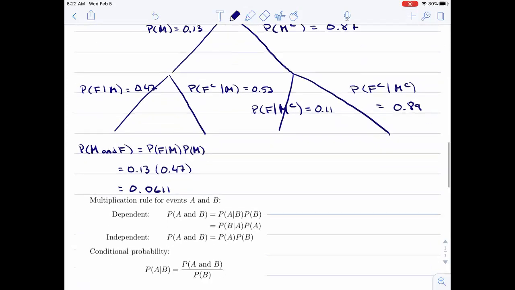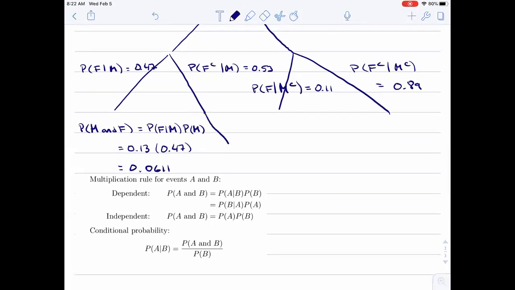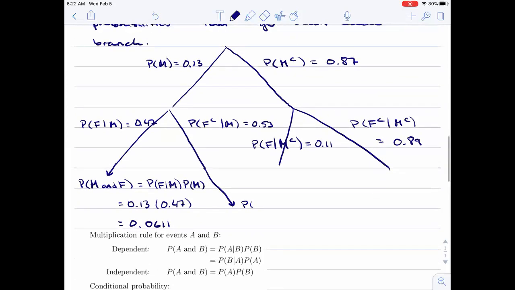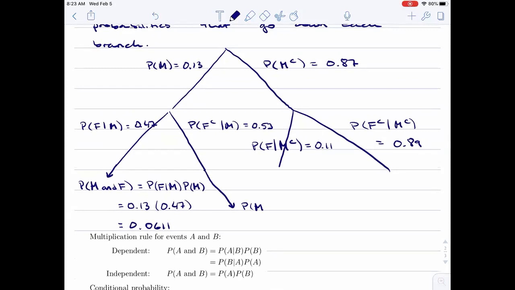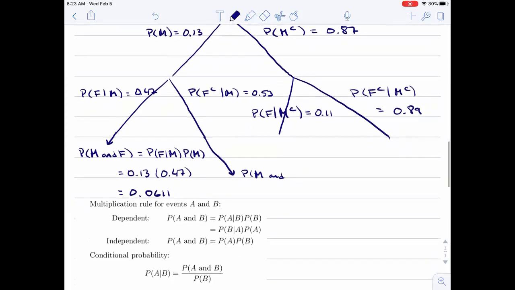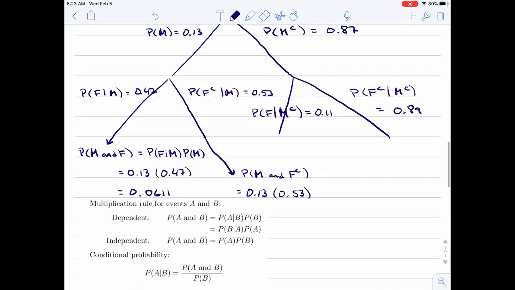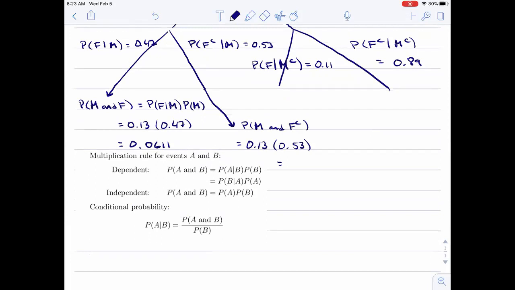We can just say that the probability of getting an A on the midterm and not getting an A on the final is going to be 0.13 times 0.53, which is 0.0689.